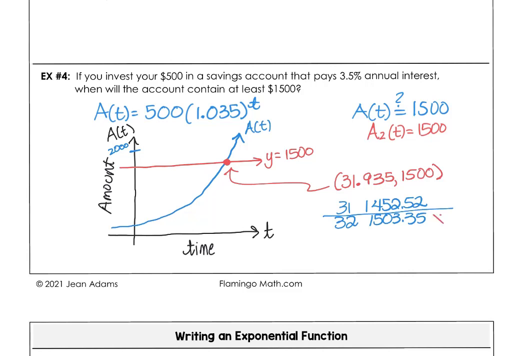Then by the table feature, you know you're up to 32 years. So we could write a sentence that says, after 32 years, the account will contain at least $1,500, since the interest is paid at the end of each year. So after 32 years, our account will have at least $1,500.